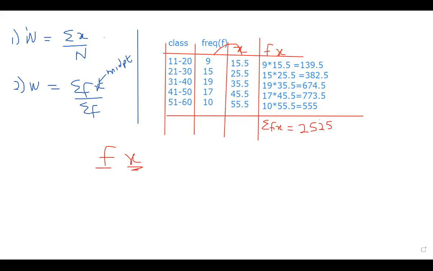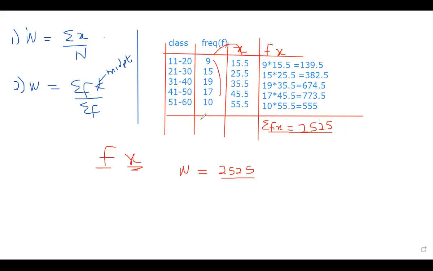Okay, beautiful. So the next thing we are going to do is to just find the mean. So our mean here is going to be equal to the summation of fx, which we calculated here, which is 2525, divided by summation of your frequency.